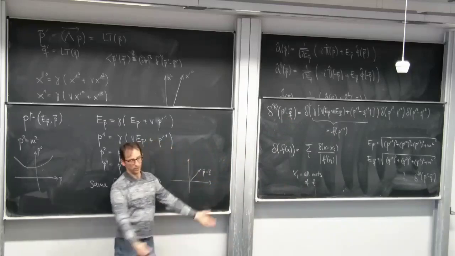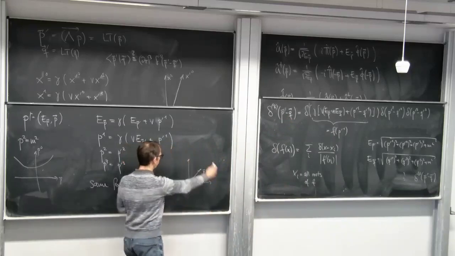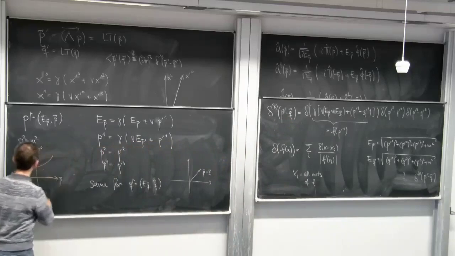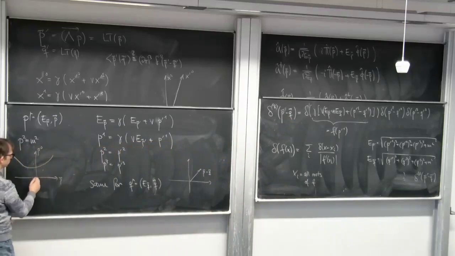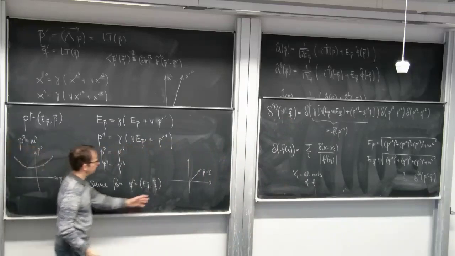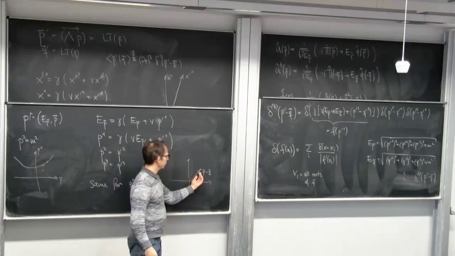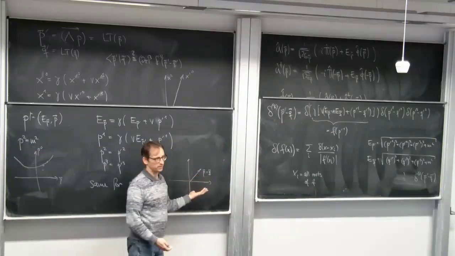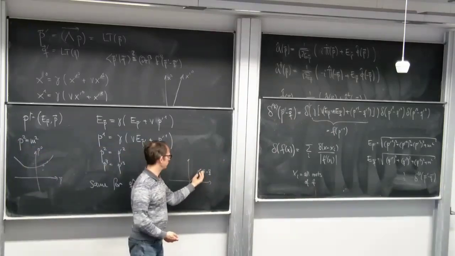Now you do a Lorentz transformation, and then they move, of course. Here in this picture, they move. Everybody moves on their mass shell, same mass, so they move in the same way. And here as well, but they will be the same at the end, right? You start from the same.